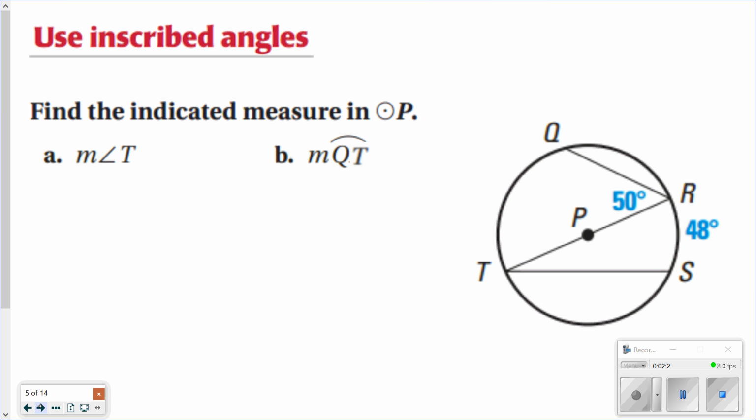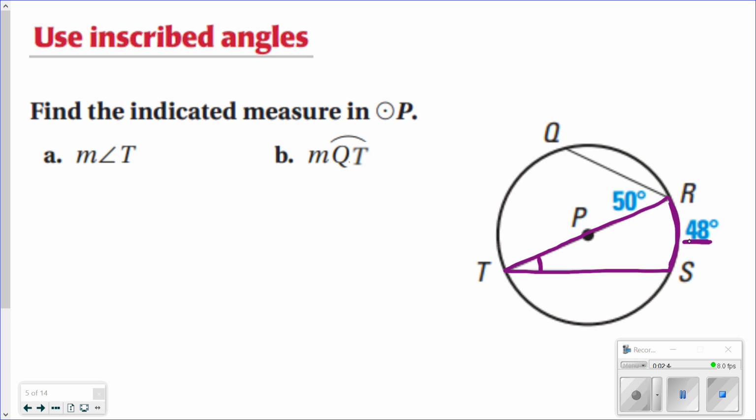Use inscribed angles. Find the indicated measure in circle P. So we first want to look at the measure of angle T. So angle T is here, and this is my inscribed angle. If you look at your inscribed angle, we see our intercepted arc, and that arc measure is 48.